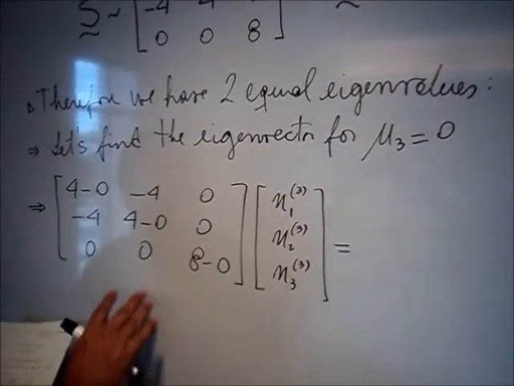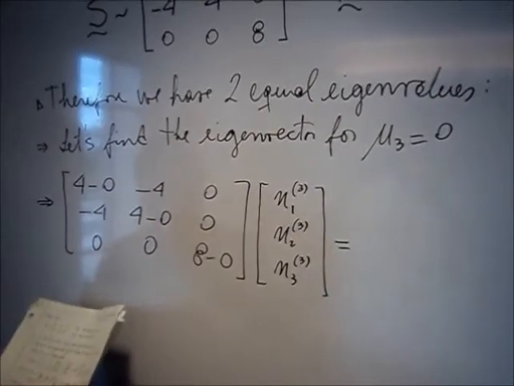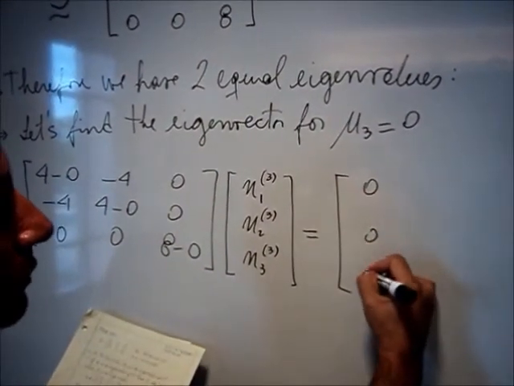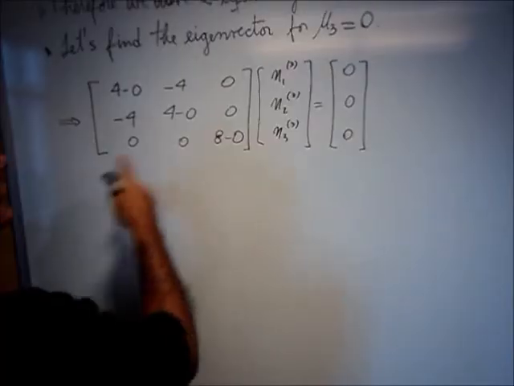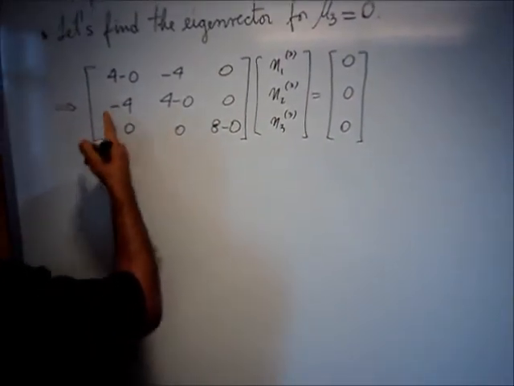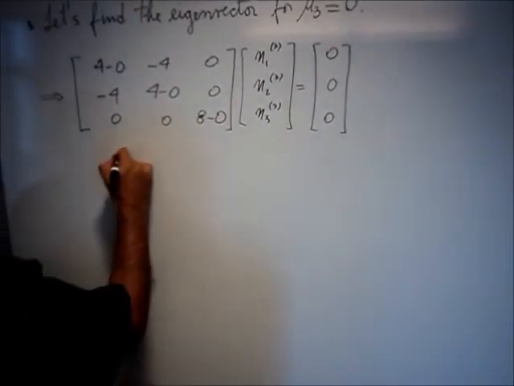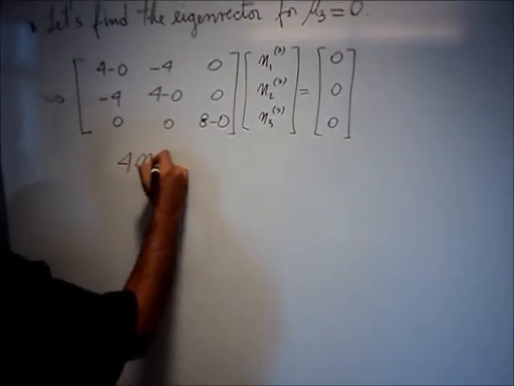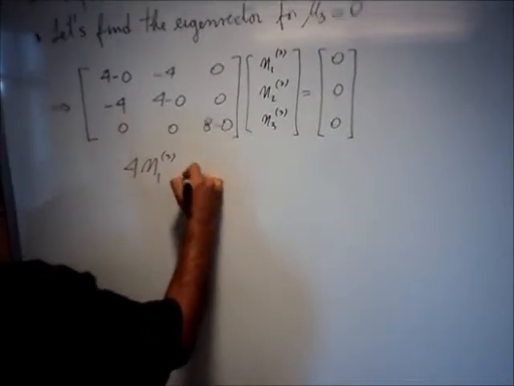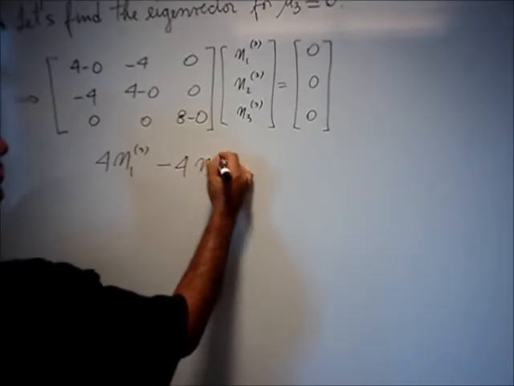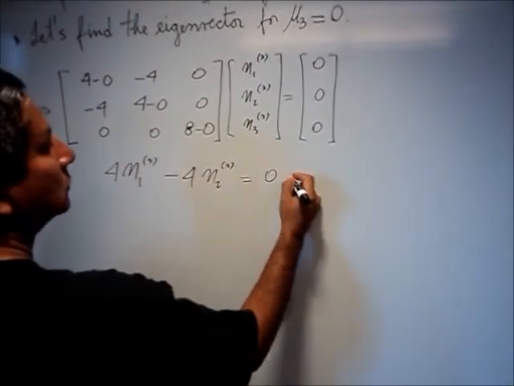Applying this expression to find the vector n3, we set it equal to the zero vector. From the system of equations, the first row multiplied by the column gives n1 minus n2 equals 0.